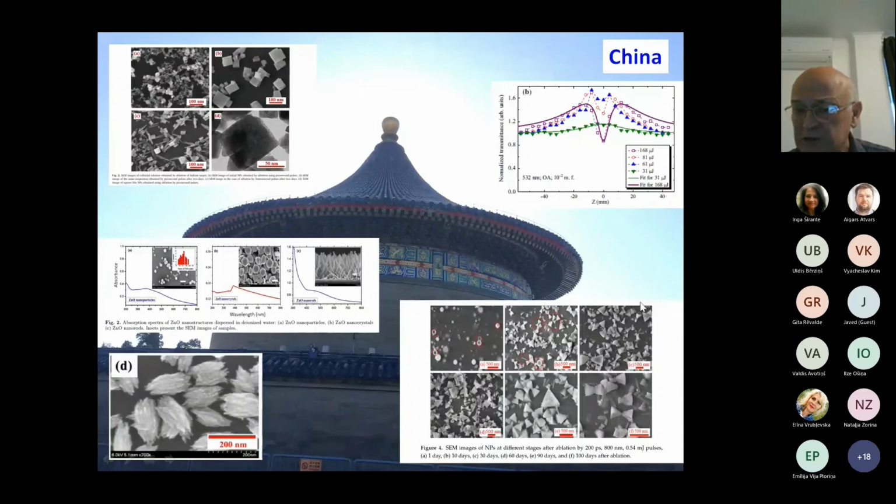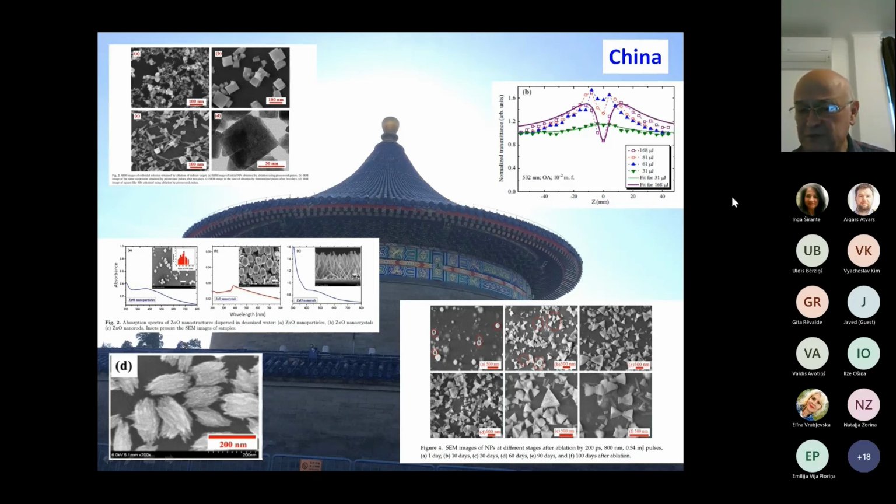So those features were analyzed, and here I just show some of those nonlinear optical properties, where, apart from saturable absorption, we were able to register reverse saturable absorption in these materials.